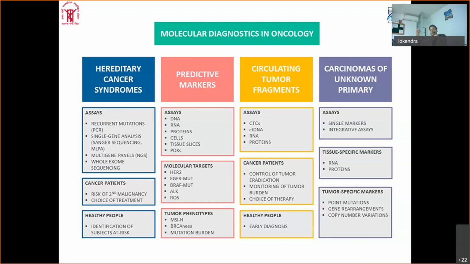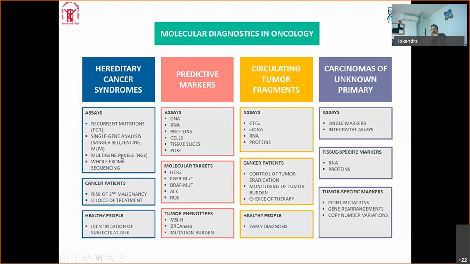If in a family there is a history of cancer, and somebody wants to know whether he or she is predisposed to a certain type of condition, they can always go for molecular diagnostics. These are the methods that can be used for identifying hereditary cancer syndrome, whole exome sequencing, and also in cancer patients.